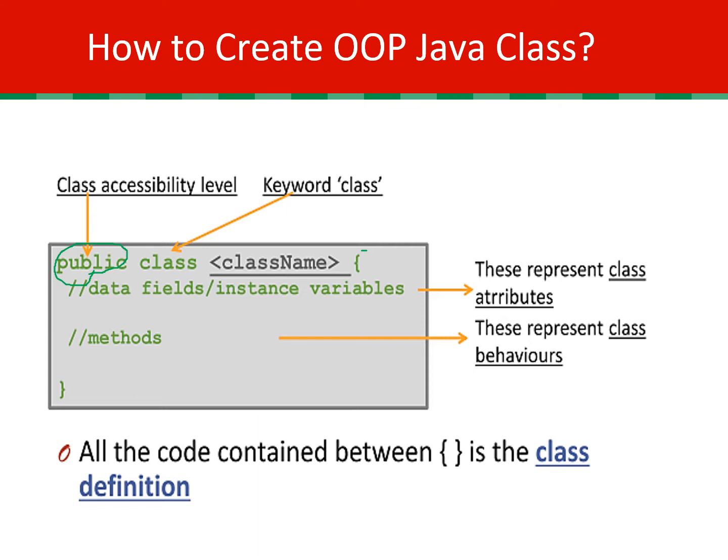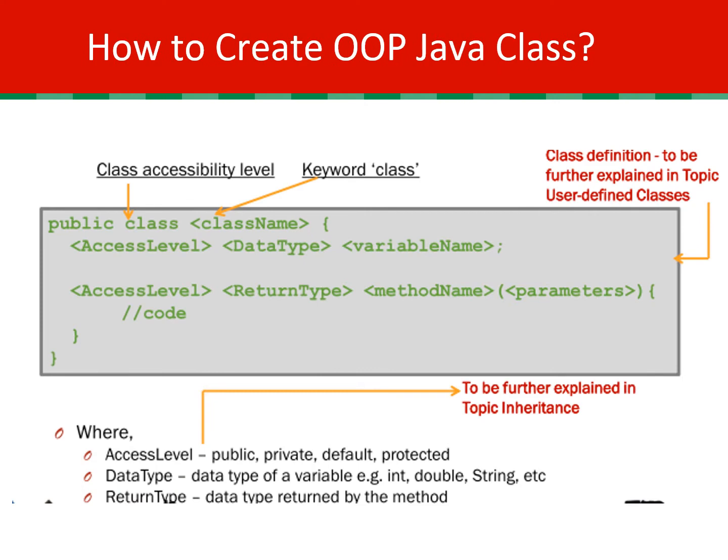Inside the class, you can define the variable and also the method. You can have more than one of both. For a variable, you have the data type. For example, you want to put name; the data type is String. The access level is either private, public, or sometimes you can leave it blank.